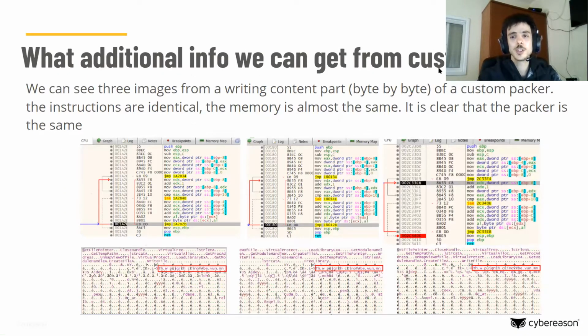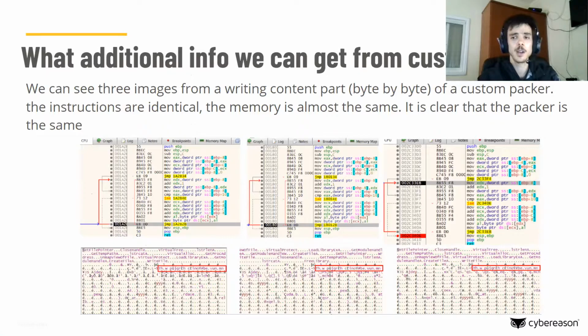So what additional information can we get from the custom packers? Here I gave an image of three droppers of malware. If you look at these three images, you will say, hey, it looks the same, and obviously it does: the same opcodes, the same everything.